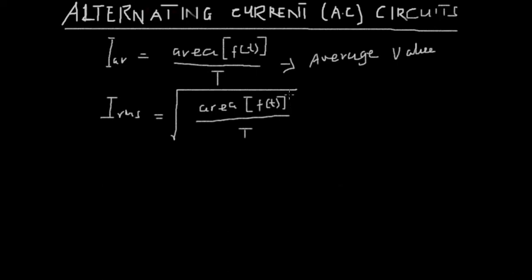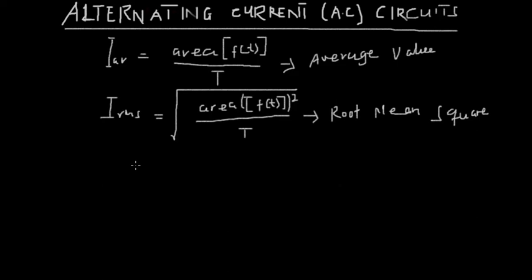For this you need to square your entire cycle. The f(t) is your cycle, so you raise that to the power of 2. So this is our root mean square current.